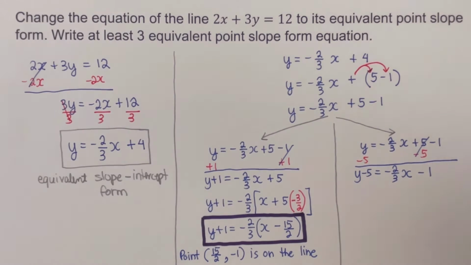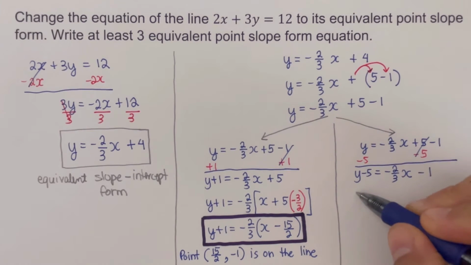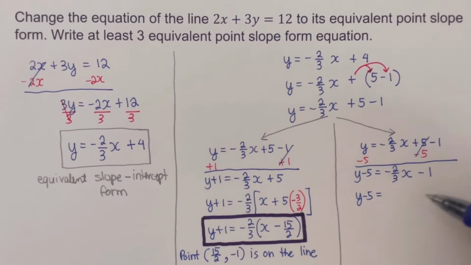So then again, we go ahead and factor out negative 2 over 3. So this would come out y minus 5 equals negative 2 over 3, then we factored it out, and then that's a minus 1. Again, the trick is you multiply this by the reciprocal of the slope, so that would be negative 3 over 2.